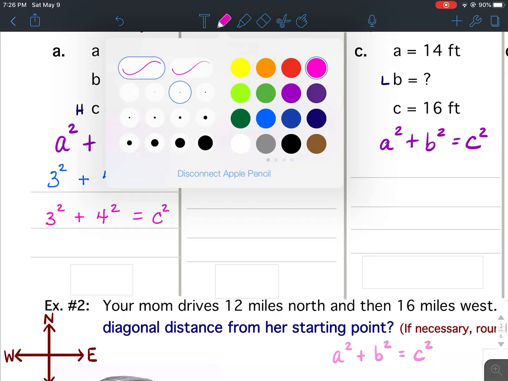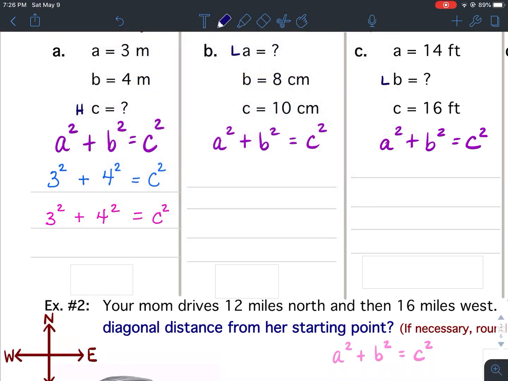And what we're going to do is take the square root of both sides, the square root of this side and the square root of that side. Because remember, what you do to one side of the equation, you have to do to the other side of the equation. That allows me to cancel the square and the square root. And then you don't have to add or do anything like that.